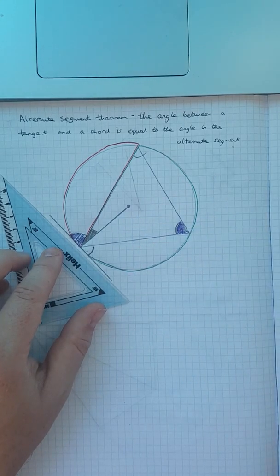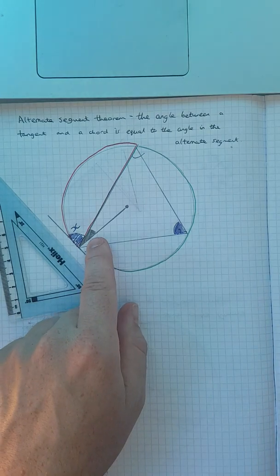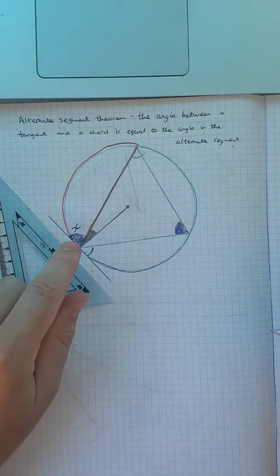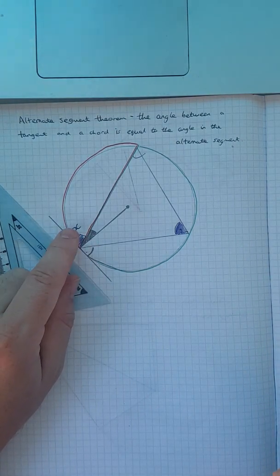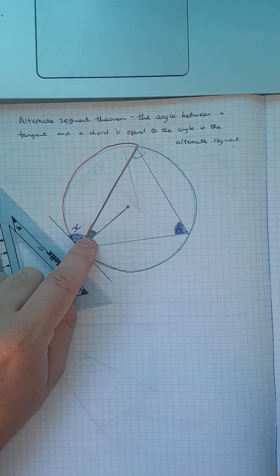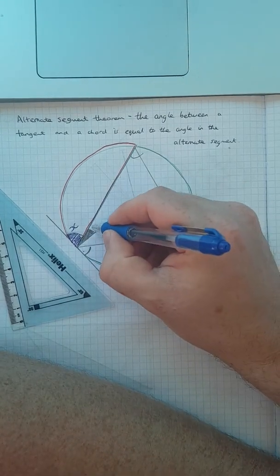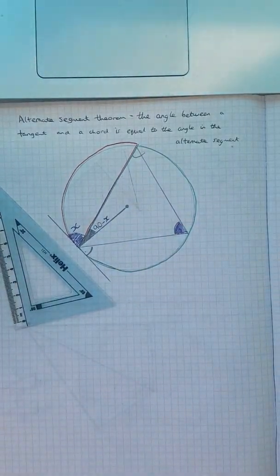So I'm going to call that blue angle X, which means this angle here is the other bit that adds up to make 90. So if that was 70, you'd say this bit was 20. If that was 60, you'd say this bit is 30. You would do 90 degrees, take away this bit. So I'm going to call that 90 minus X.